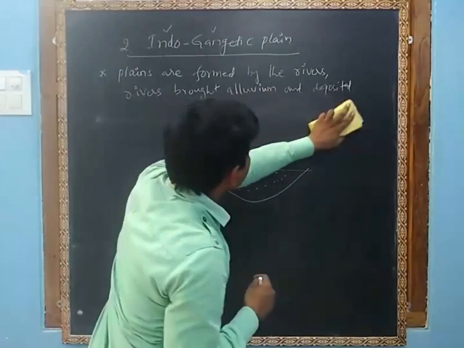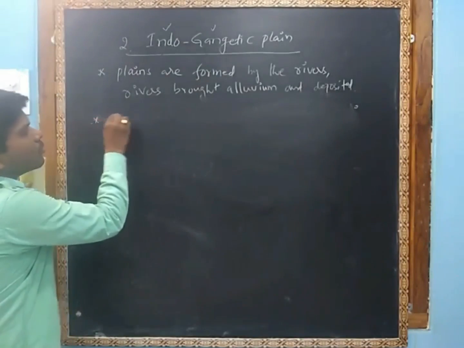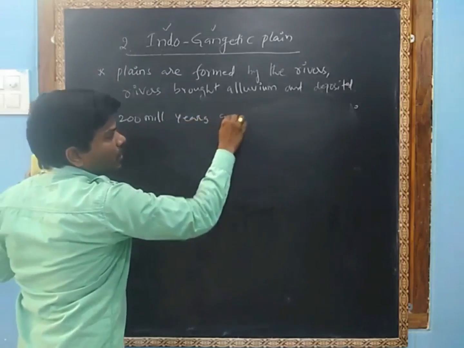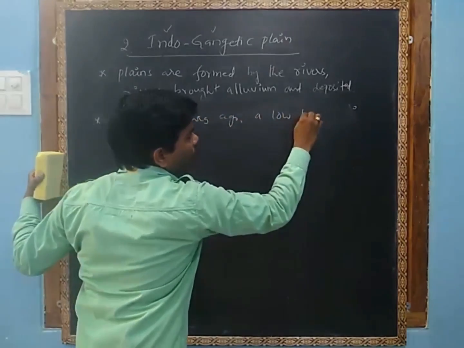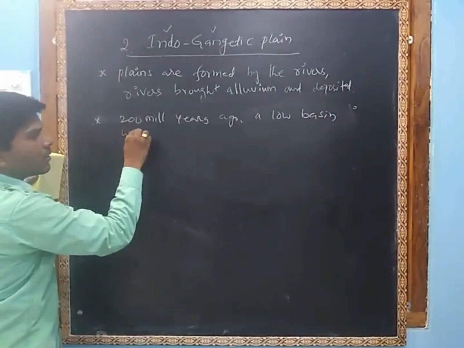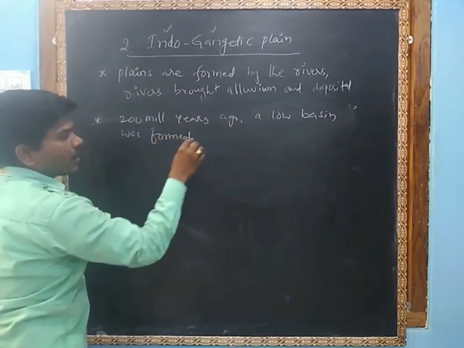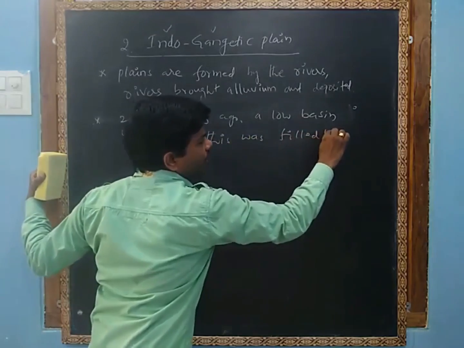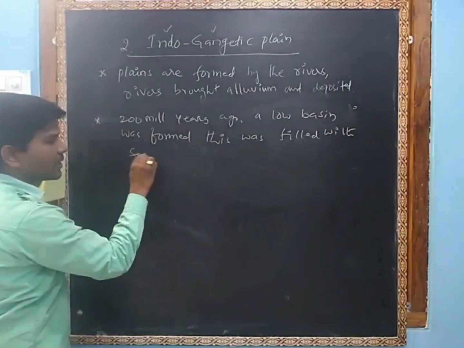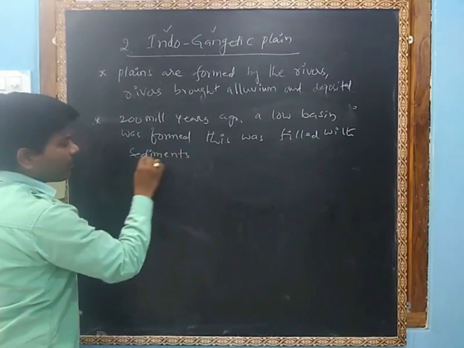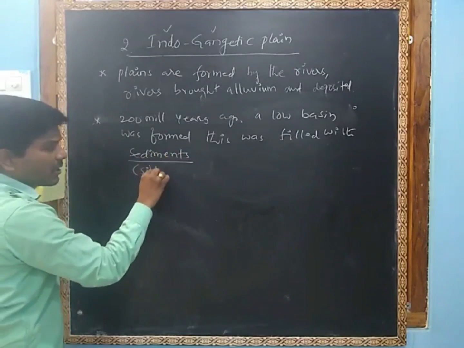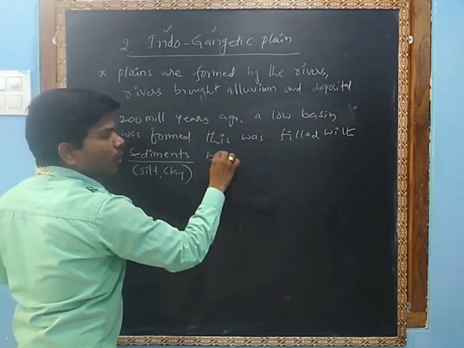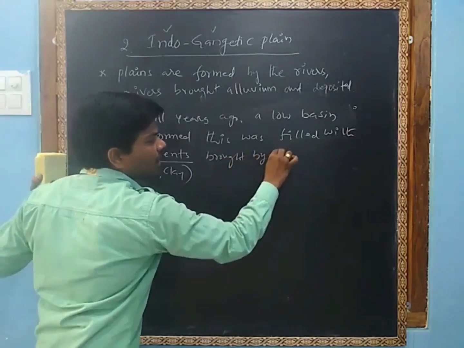So shall we write here again? 200 million years ago, a low basin was formed, filled with the sediments. Here, sediments means silt or clay, brought by the rivers.